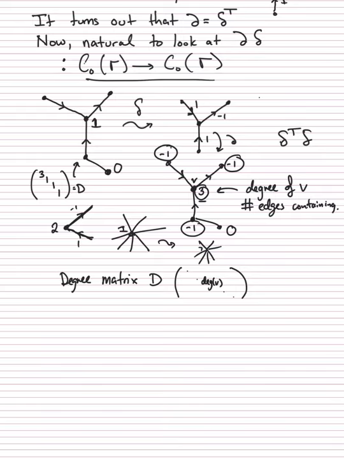So it turns out that delta, which is my notation for just delta transpose delta, is precisely D minus A, okay, where this is the degree matrix. Again, this just looks like the identity, but it might have higher values on the diagonal.